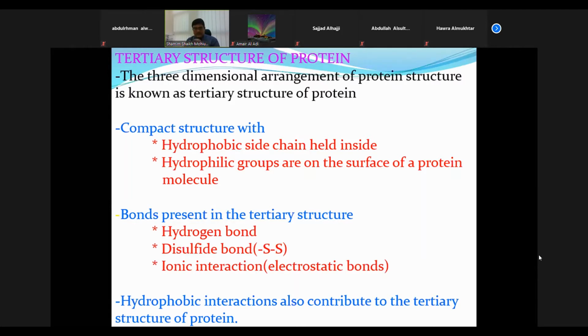So the proteins we eat, or in our body, are mainly either tertiary or quaternary. Some hydrophobic interaction also contributes to the tertiary structure of proteins. Fine.